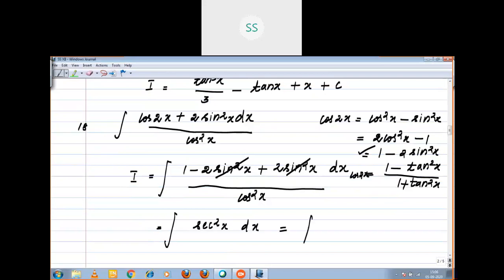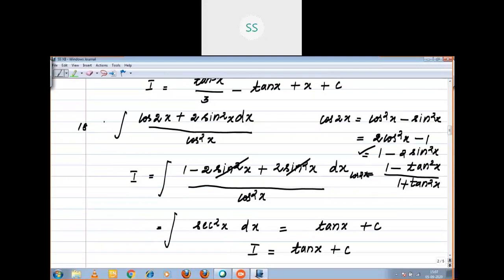Then you can integrate easily. What is the answer for the integral of secant square x dx? Tan x plus c. The given one you consider as I, so I is equal to tan x plus c.